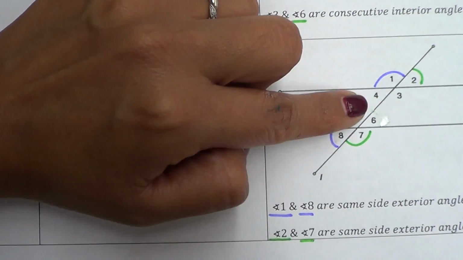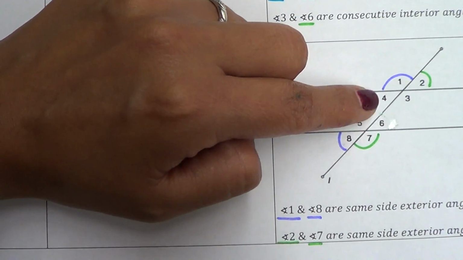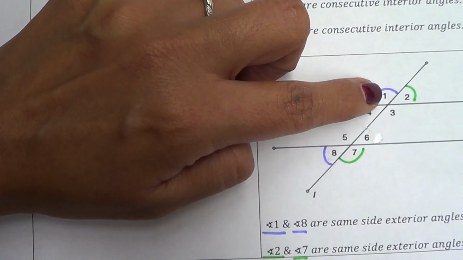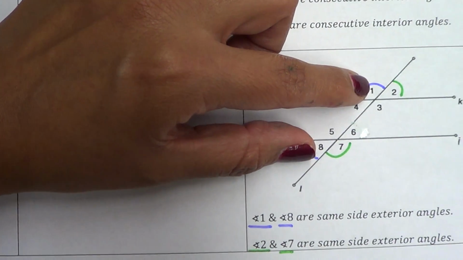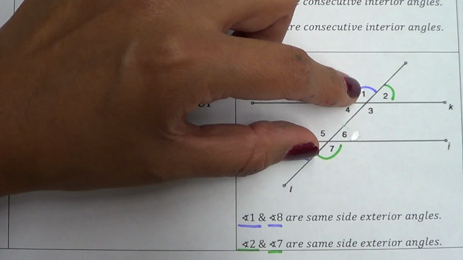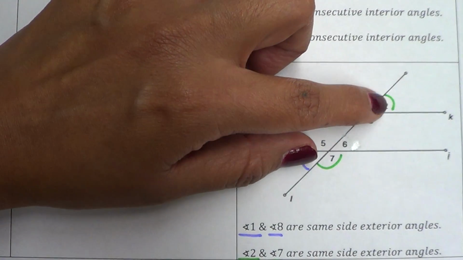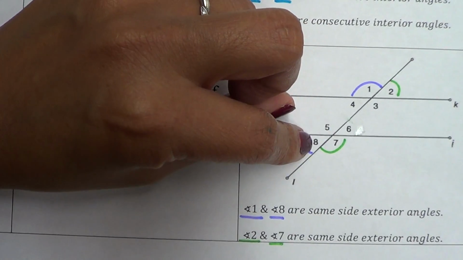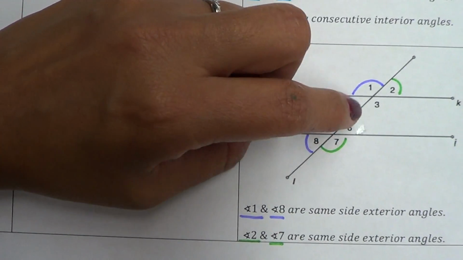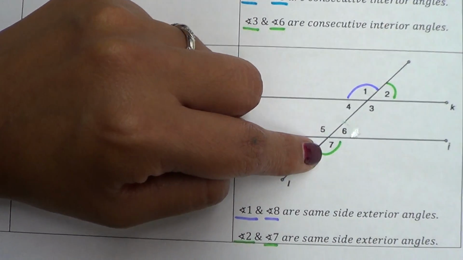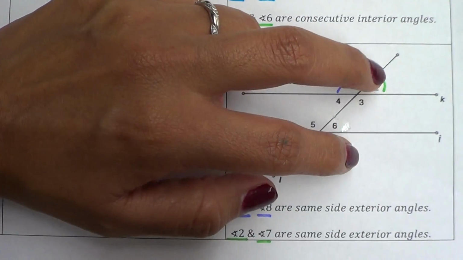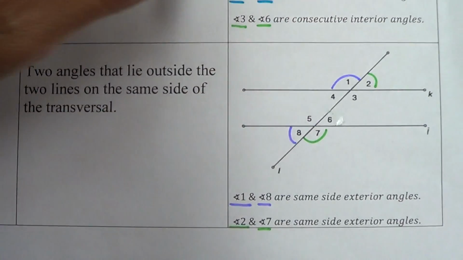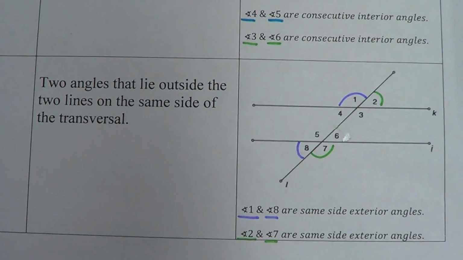So this would be considered the inside, where angle 4 and angle 5 are. So angle 1 and angle 8 are on the exterior. They're on the outside. And then the same thing, angle 2 and angle 7 are what we call same side exterior angles. So they're on the same side of the transversal, and they're on the exterior of these 2 parallel lines. Okay? All right, last.